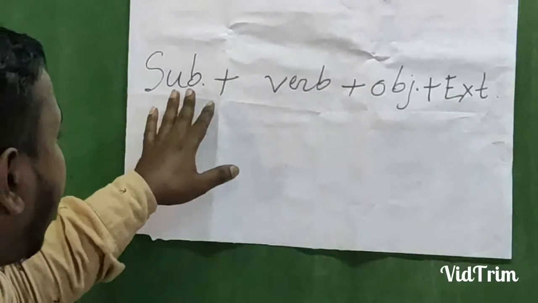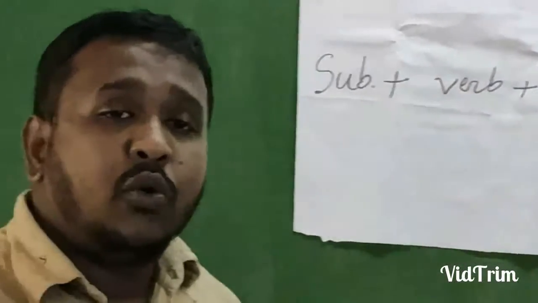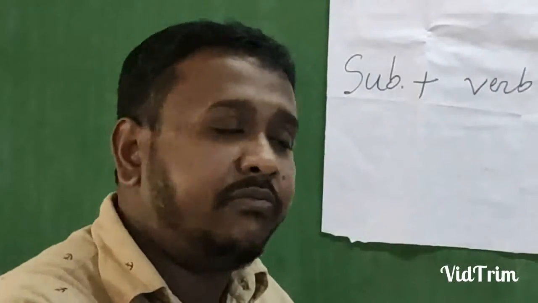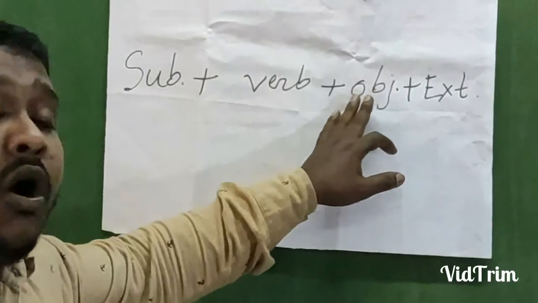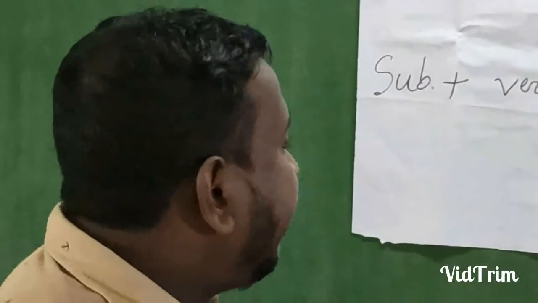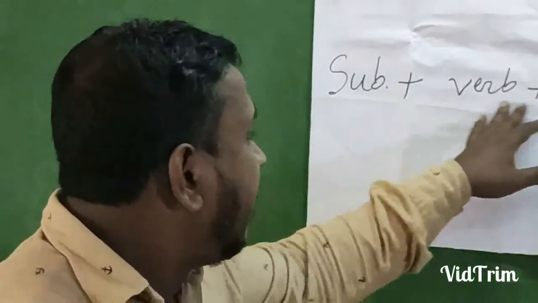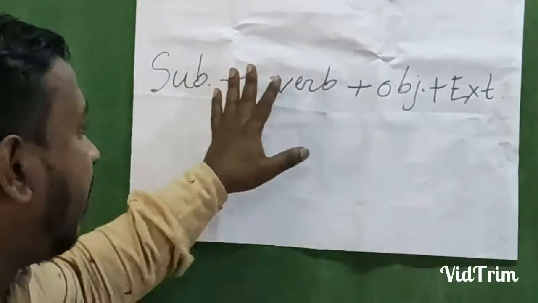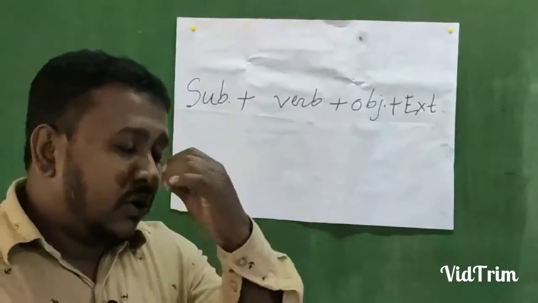So here look, subject, verb may be with an auxiliary verb or without an auxiliary verb. Then you can find object and extension. Extension is not present in every sentence. Sometimes we will get it.